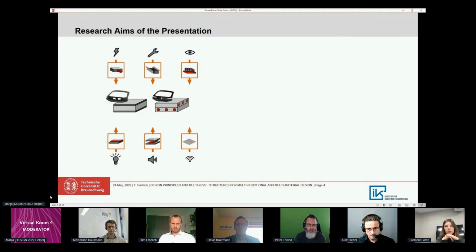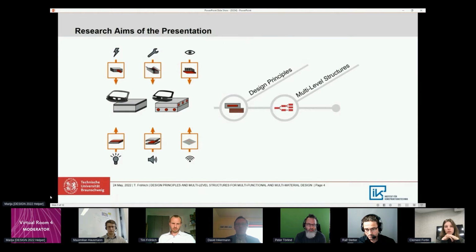The focus of this presentation is on deriving design principles that can describe the inner structure of multi-material designs, as well as different integration strategies for additional functions, the combination of these principles to multi-level structures as a product model to describe complex design solutions, and the development of an access logic for identifying promising multifunctional solutions.